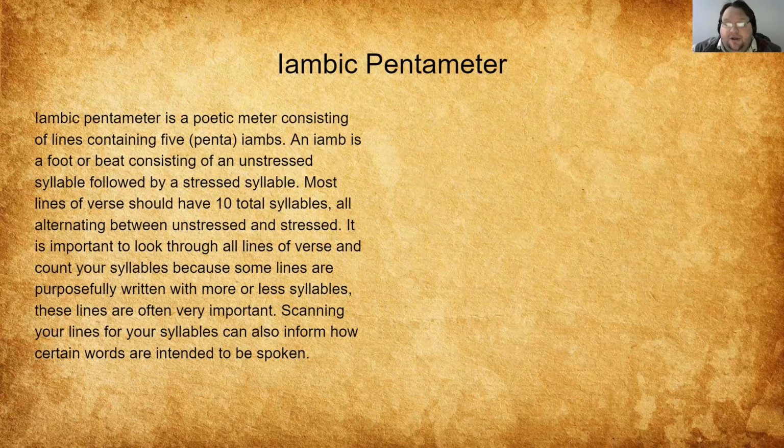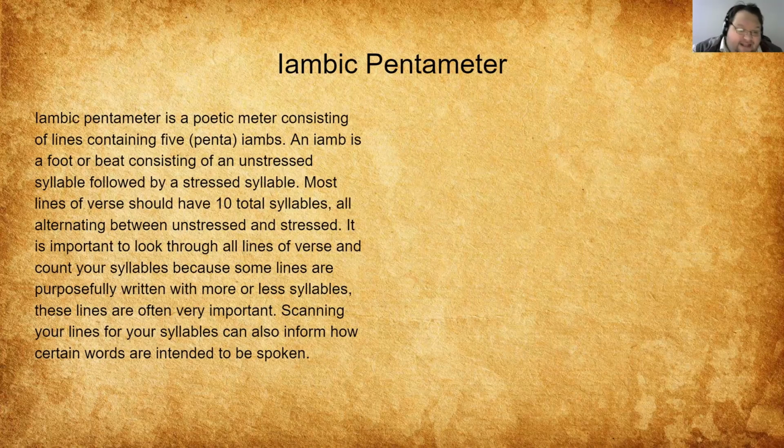Most of these lines should have 10 total syllables, all alternating between unstressed and stressed. It is important to look through all your lines of verse and count out your syllables, because one of Shakespeare's clues is that sometimes he would have lines with more syllables, sometimes with fewer. When that happens, that's probably a good signifier that that line is important.